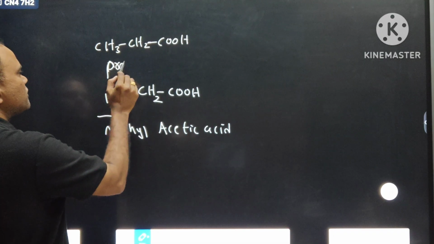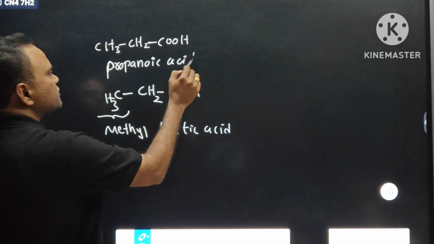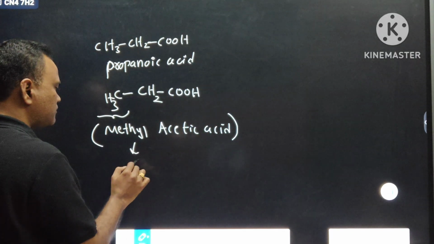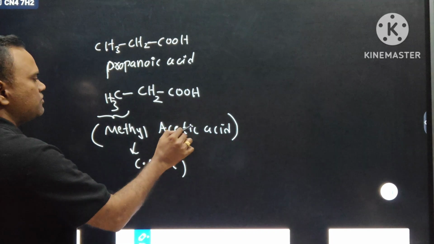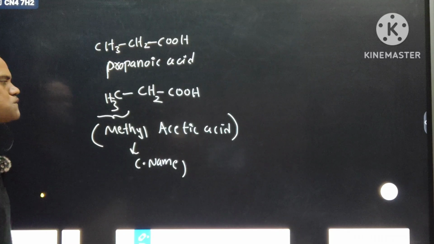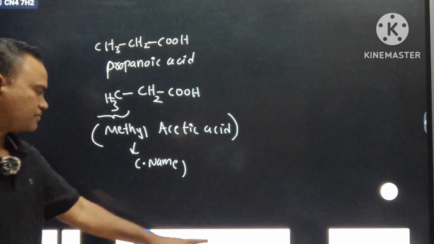Write the common name also. Propanoic acid, common name: methyl acetic acid. Okay. Next.